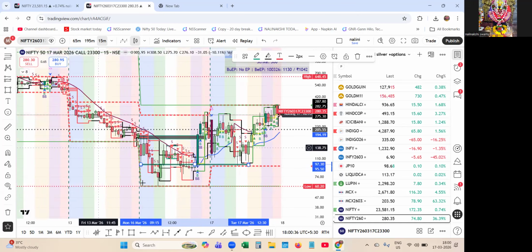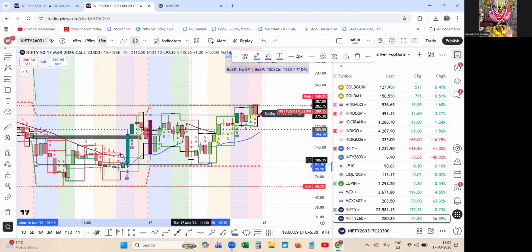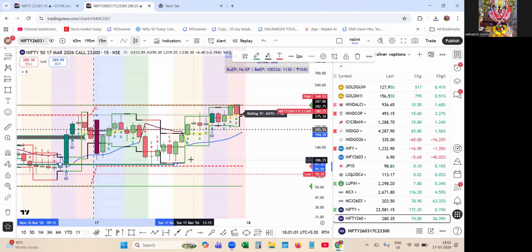If I place a cursor on this candle, you see 98 rupees was the low, and today when it tested it, 93 rupees 20 paisa. Why so? Because this is time decay, and here we got the entry.